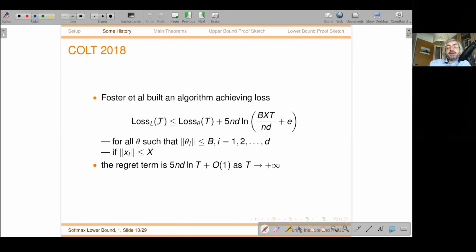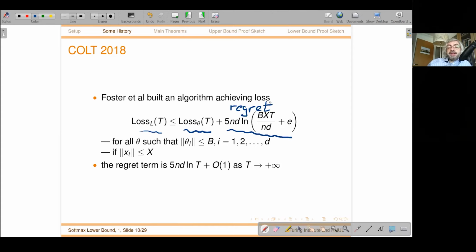The cumulative loss of the algorithm is less than or equal to the loss of any competitor plus this extra term. This term is often called regret, and I will use the word regret to mean this term.